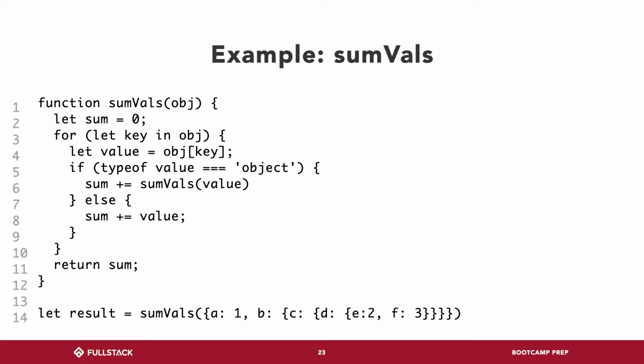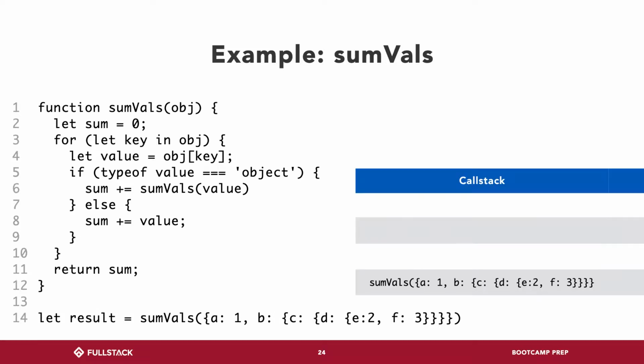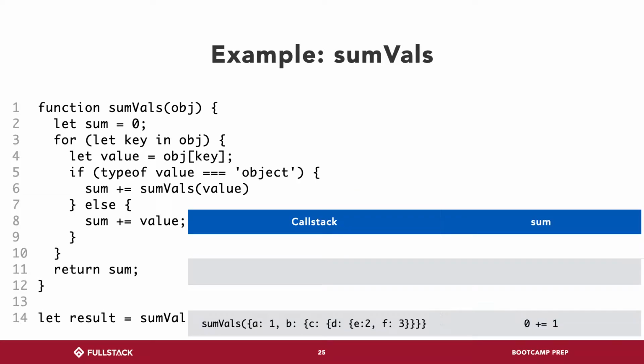Then on the next iteration of the for in loop is when we're going to be passing in this nested object. Right, so the first thing on the call stack is the whole thing you're calling. So the sum, like I just said, will be 0 plus 1 because the first thing is A and that value is 1.